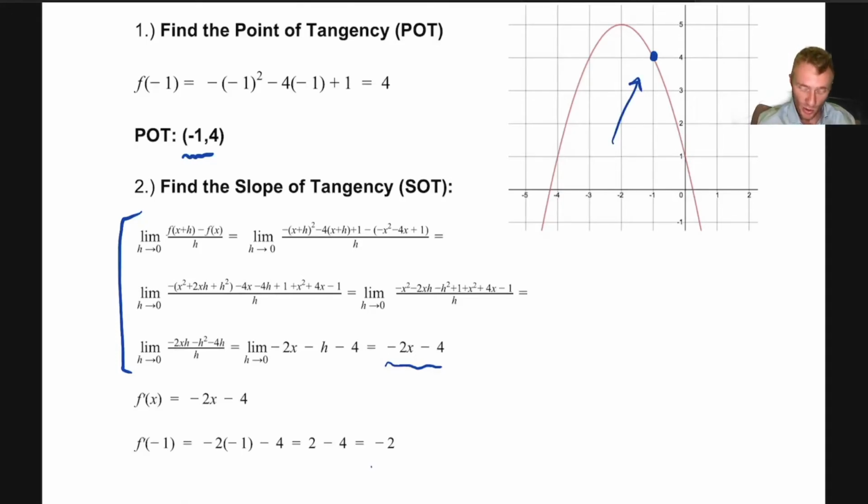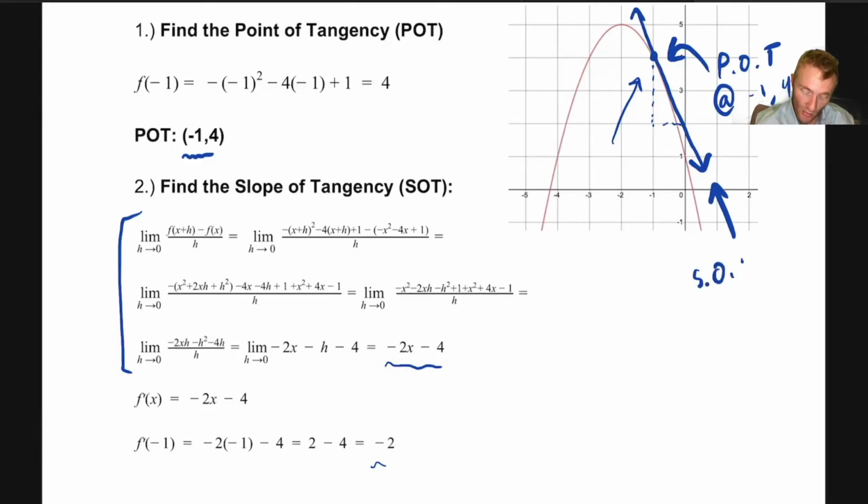Turns out the slope is negative 2. We'll check to make sure. Down 2 over 1. Looks good to me. Yes, that is our tangent line. It has a point of tangency at negative 1 comma 4, and it has a slope of the tangent line of negative 2.